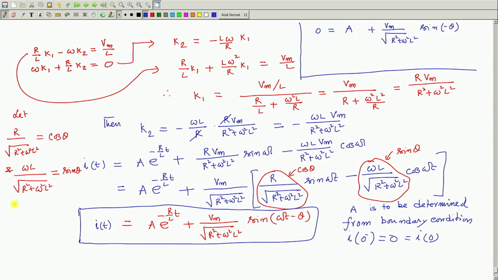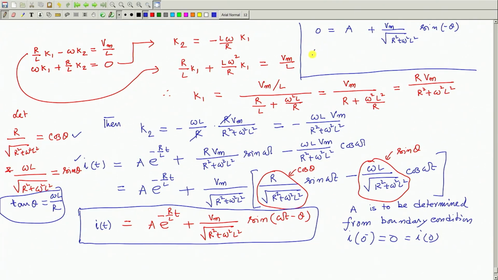What is theta? Tan theta is equal to, as you can see, I have defined cos theta and sin theta. So, tan theta is omega L by R. So, sin theta is known in fact.